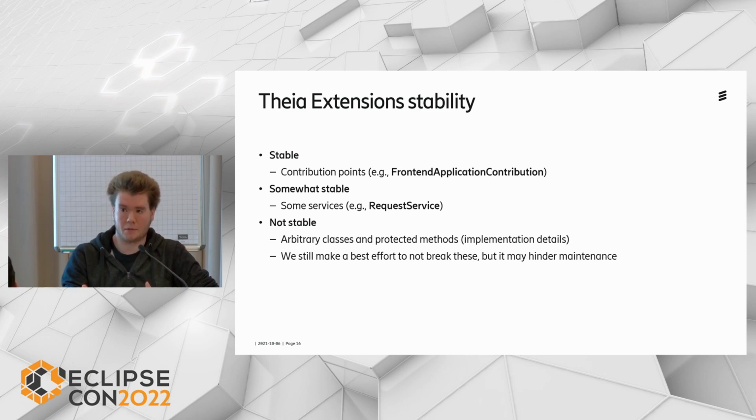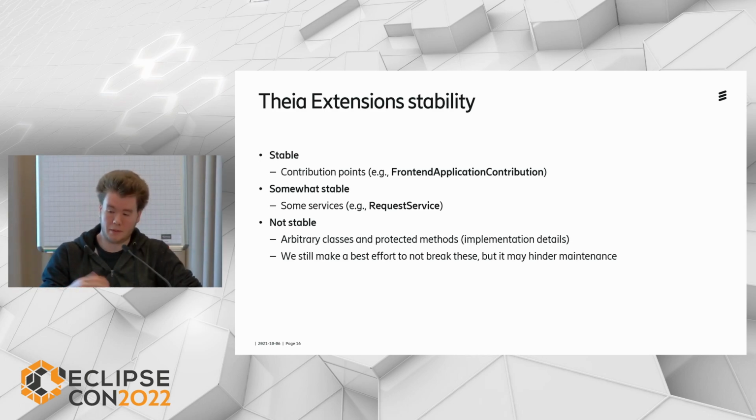We do our best effort to not break those things in open source, but it may happen, and it's one of the leading causes of issues when you upgrade the version of the framework for your application. So it's not as bad as it sounds, but it's just something to be ready for, right? And this is something that enters the equation when you decide to implement a Theia extension.